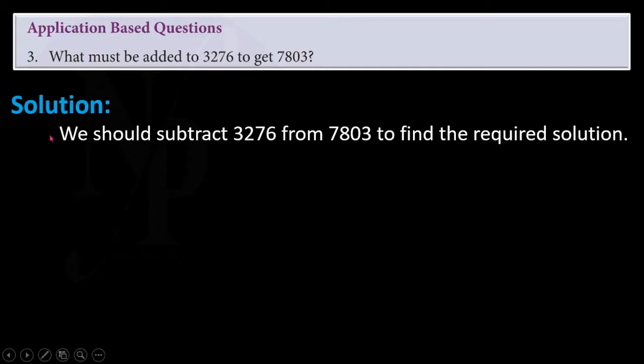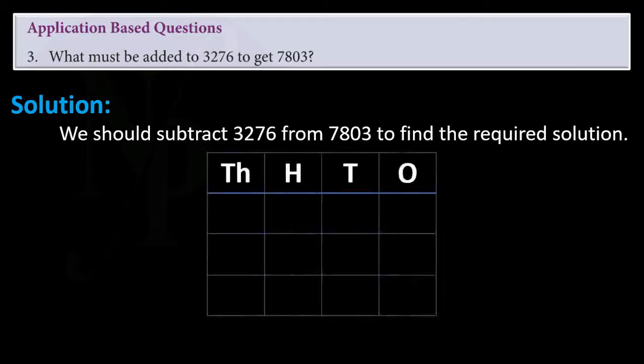Solution: we should subtract 3276 from 7803 to find the required solution. Now to subtract these numbers, let us write down the numbers in the place values table appropriately according to their place values.